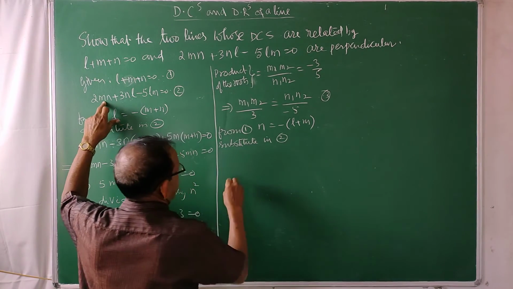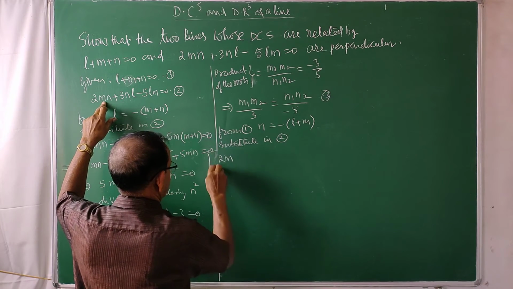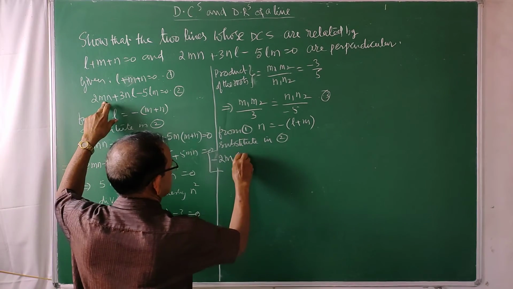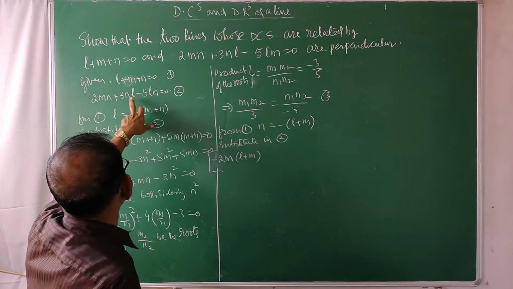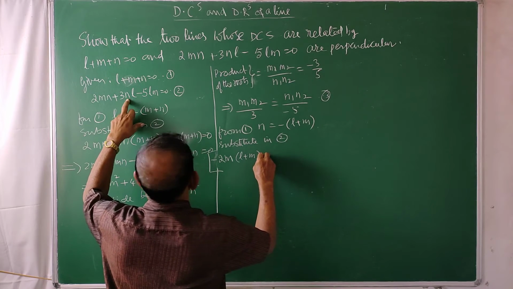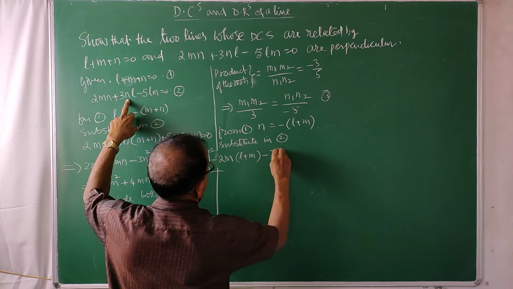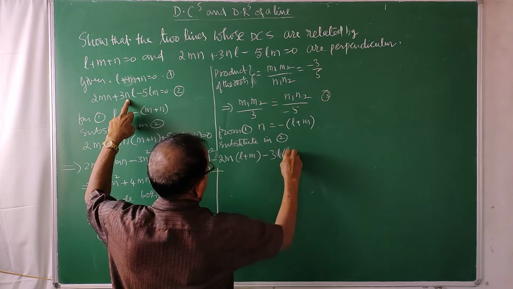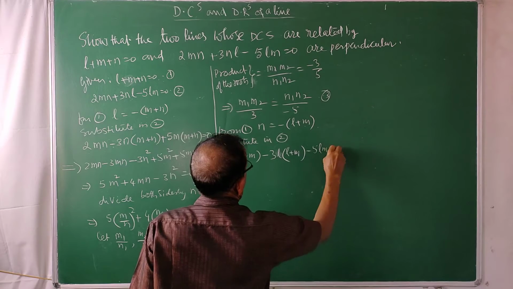2 into mn, 2m into n. N value is having a minus sign. So minus 2m into L plus m, plus 3l into n. N is having a minus sign, so minus 3l into L plus m, minus 5lm equal to 0.